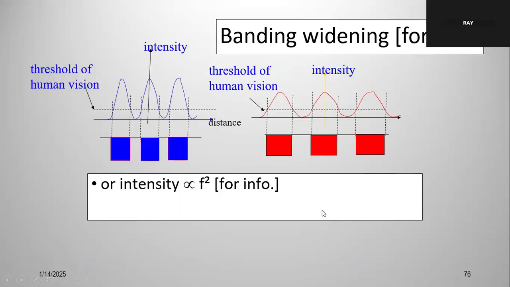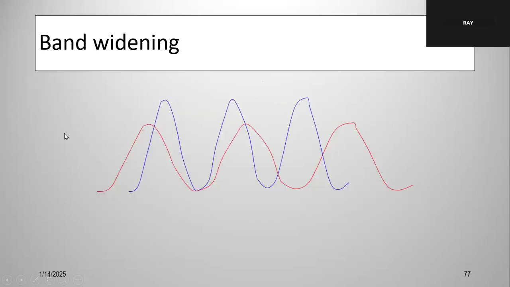This is just extra knowledge. The idea is the intensity for blue light, narrower band, wider band. So the intensity is distributed over a wider band. That's why the intensity for red light is less than for blue light.